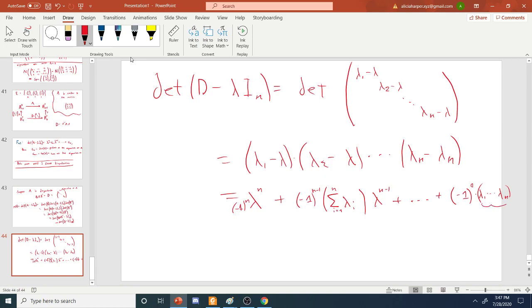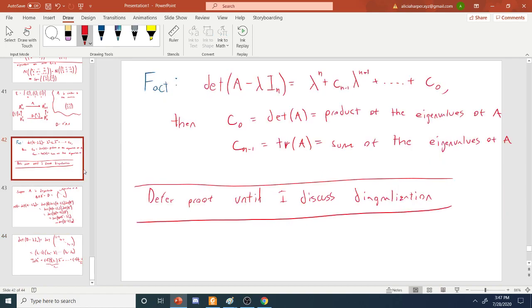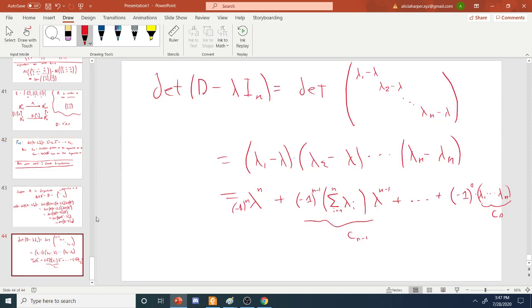And so this right here is C naught, and this right here is C n minus 1. And so I guess I have to correct my claim slightly. C n minus 1 is actually equal to minus 1 to the n minus 1 times the trace of A.